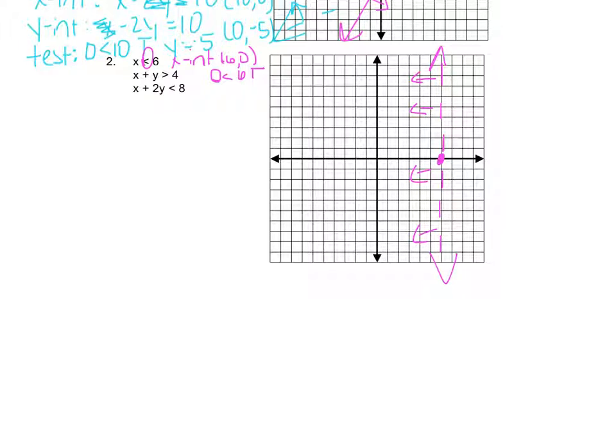Okay, so looking at the second one, I'm going to find the x-intercept. So y is 0, so our x-intercept would be 4, 0.